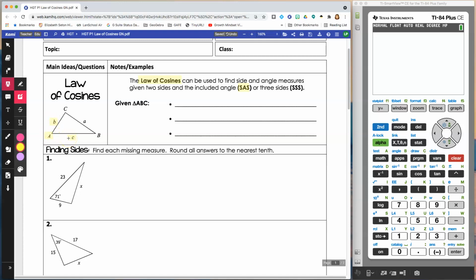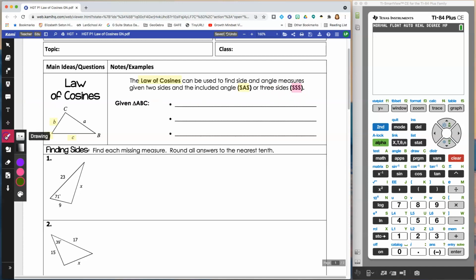You might remember that from when talking about proving triangles congruent. However, we can also use the law of cosines when we're given all three side lengths. These are two situations when you cannot use the law of sines, so this is another way that we can solve triangles. And to solve a triangle means to find all of the missing angle and side lengths.